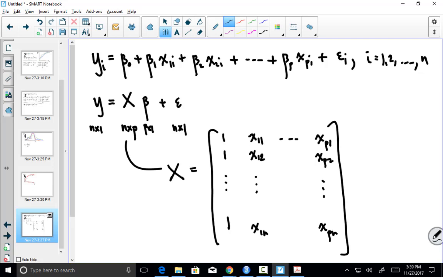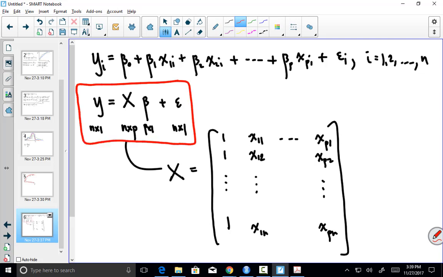Whenever you ask R to fit a linear regression model, behind the scenes, it represents things this way, partly because once a regression model is written in this matrix form, it's straightforward to estimate.